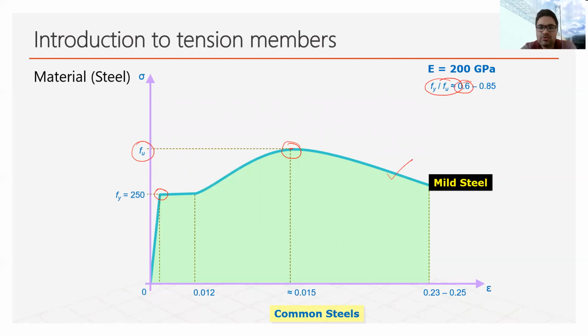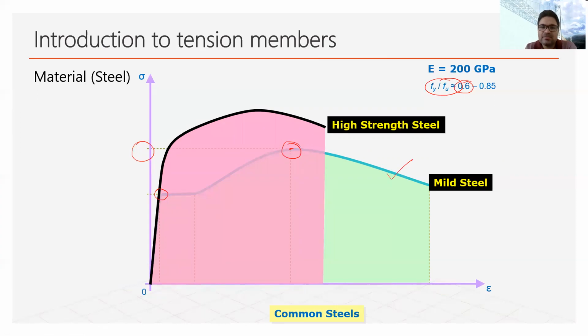But if we talk about high strength steel, there you can see there is no clearly defined yield strength point and ultimate strength point, and therefore generally we try to find the value of Fy by using the 0.2% strain, or the 0.2% proof stress.